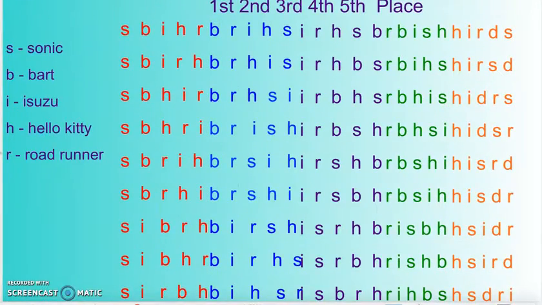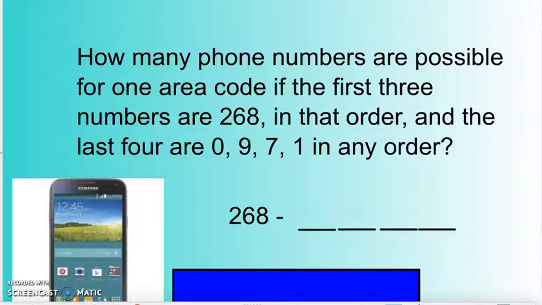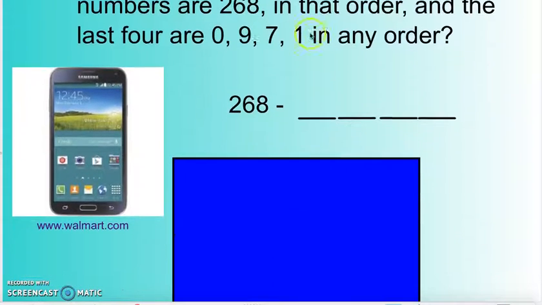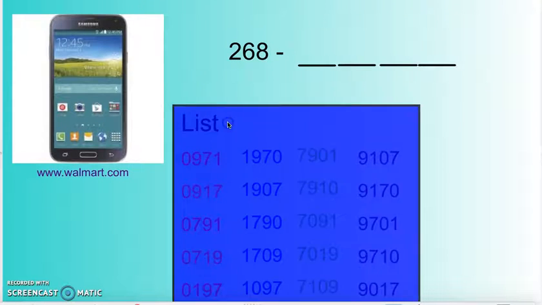Okay. Our last problem. How many different phone numbers are possible for one area code if the first 3 digits are 268, in that order? So you have to start with 268, and then it says the last 4 digits are 0971 in any order. So I can rearrange these numbers. I can start with a 0 and then have 791. I can start with a 9, I could start with a 7, and so I organized it by that.